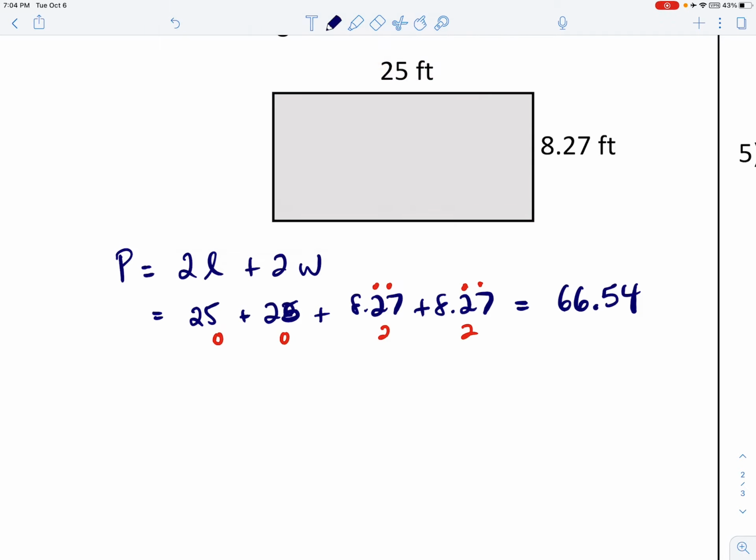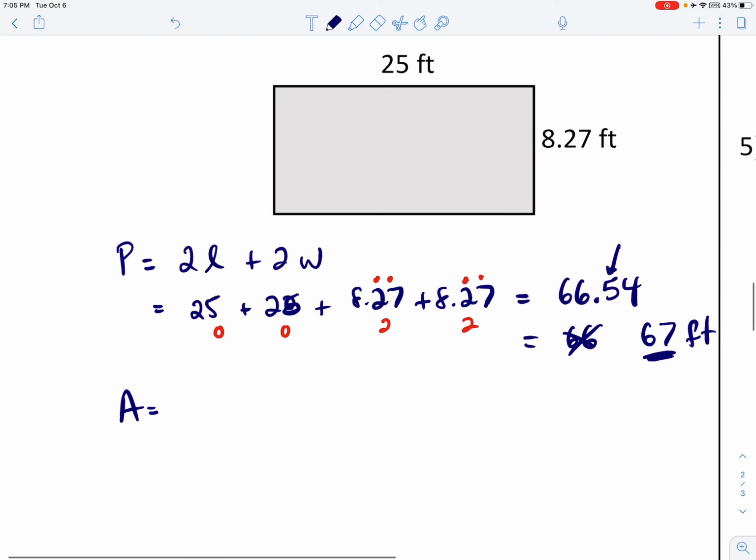Round it off so it has the fewest number of decimal places. So with my calculator giving me 66.54, we have to call that either 66 or 67. Well, you look at the next digit after the decimal and it was a 5. If it's a 5, 6, 7, 8, or 9, we round up and we call it 67 feet. There's the perimeter of that rectangle.